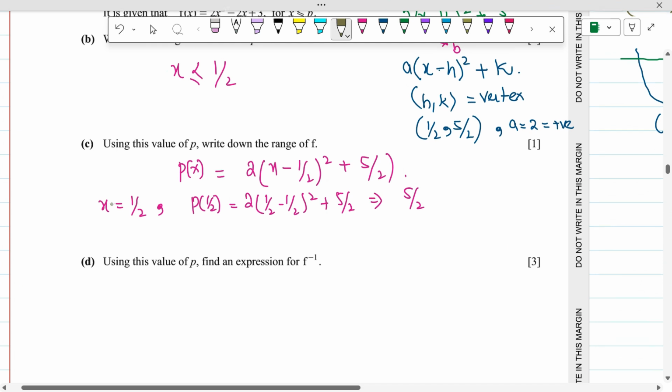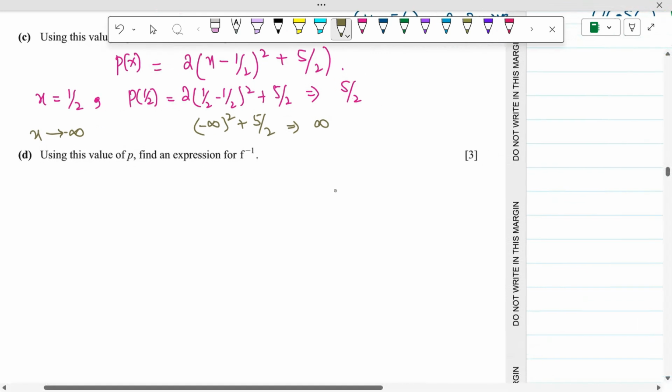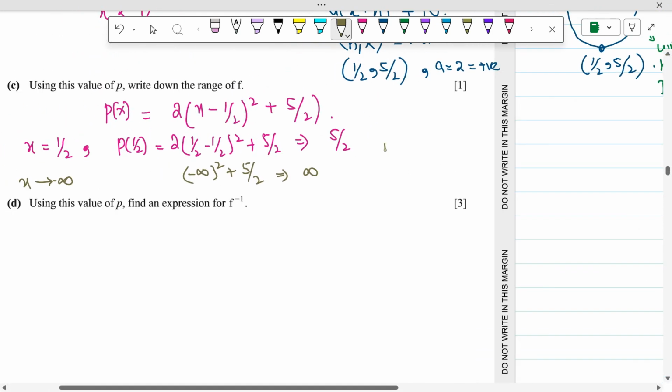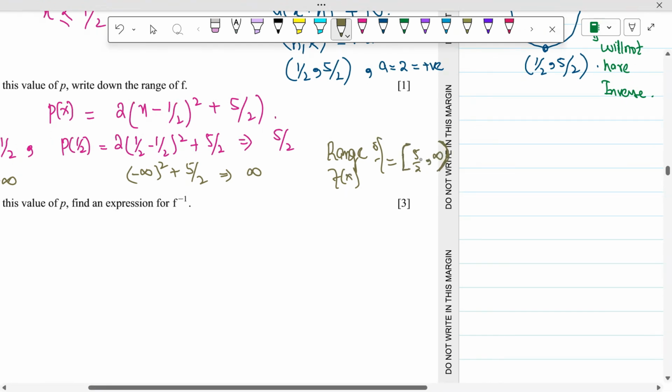Or when we move x towards the left side, when x approaches negative infinity, because x is less than half, the negative infinity squared plus 5 over 2 will also equal positive infinity. So we can say that the range of f of x is from 5 by 2 to infinity. This is a round bracket and this one is the closed bracket.